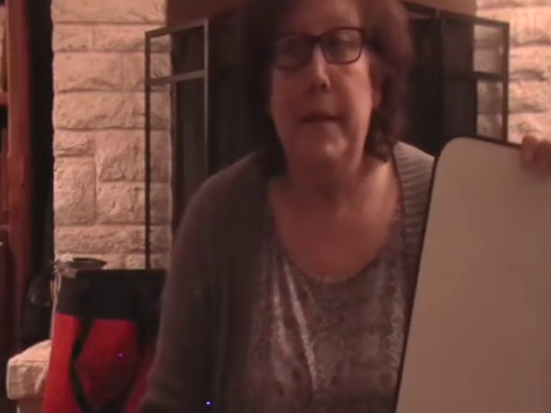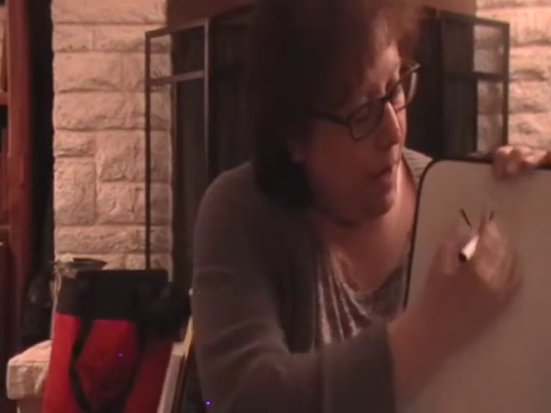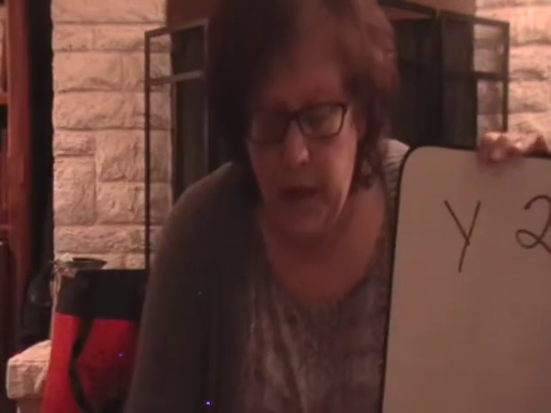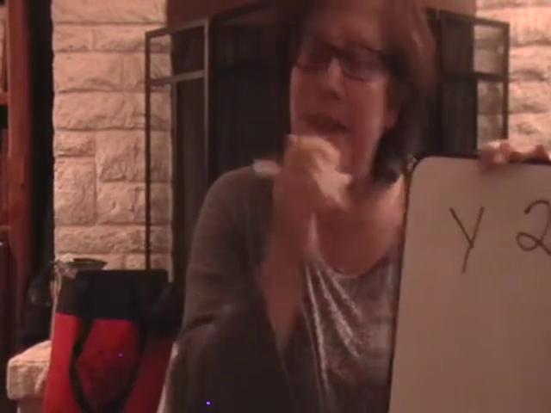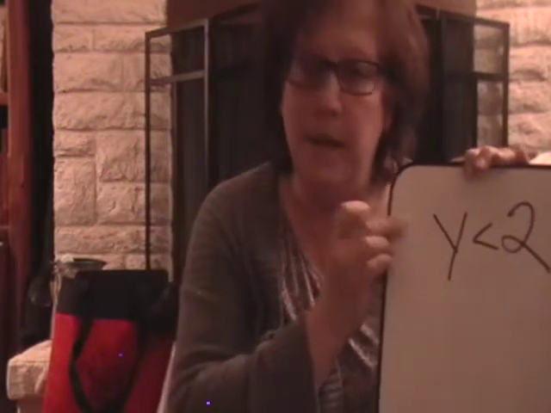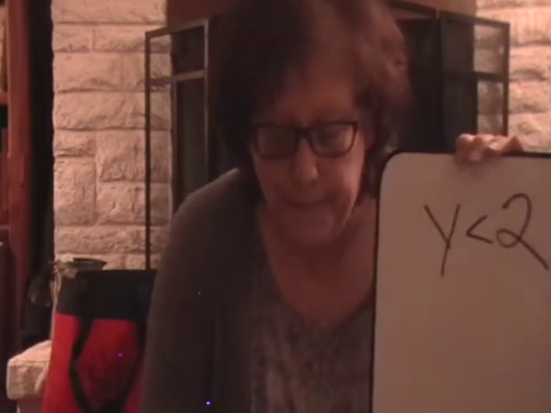Count up, that means it's 2. That means y is either less than, equal to, or greater than 2. Because they have shaded underneath it, y is less than 2. That's the first thing that you have to write.